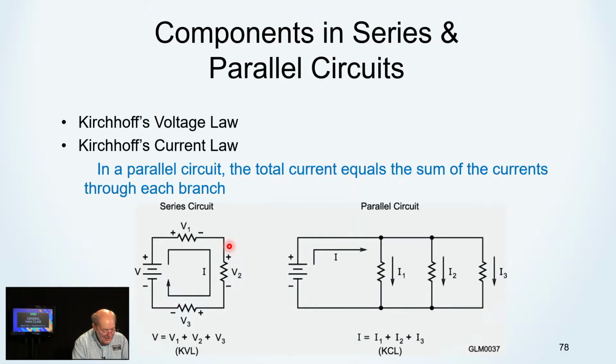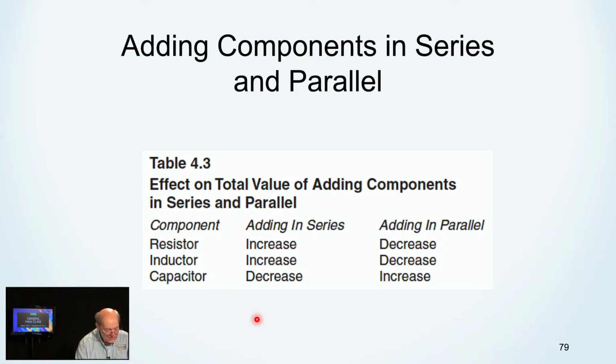If this is 1 k ohm, and we want to increase the resistance, we can put 1 k ohm here and 1 k ohm there for 3 kiloohms. So putting a resistor in series increases the resistance. Adding in series increases. Adding in parallel decreases the resistance. I'll expand on that in a minute.